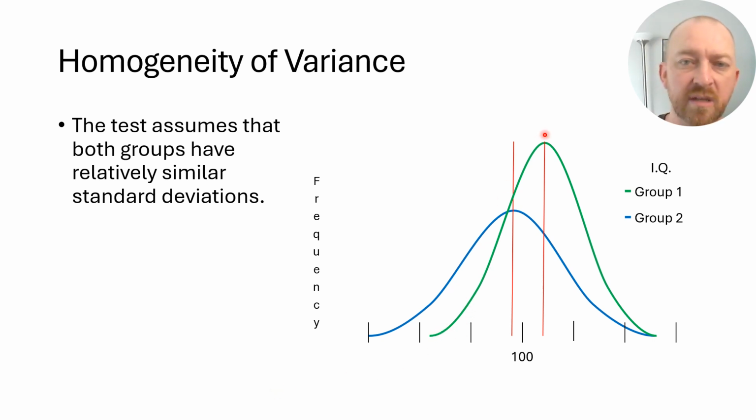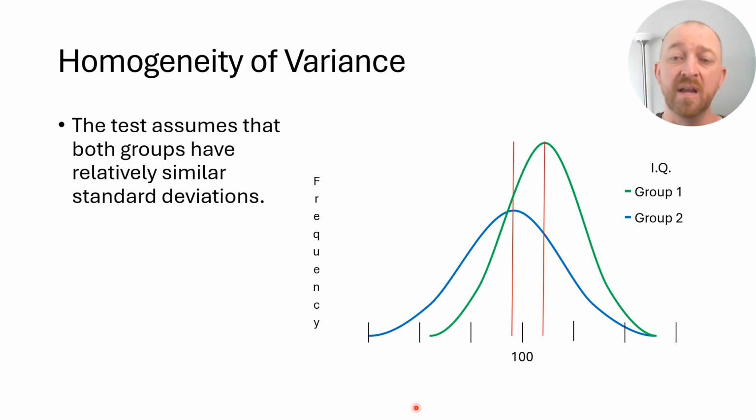If you have one distribution that's, we'll call it, a little leptokurtic, and the other that's more platykurtic, now what you have is a real big problem potentially, because the leptokurtic distribution has a relatively precise estimate of the mean. The mean is relatively closer to all of the other data points. In the platykurtic distribution, the mean is a less precise estimate. There's a lot more noise in that distribution.